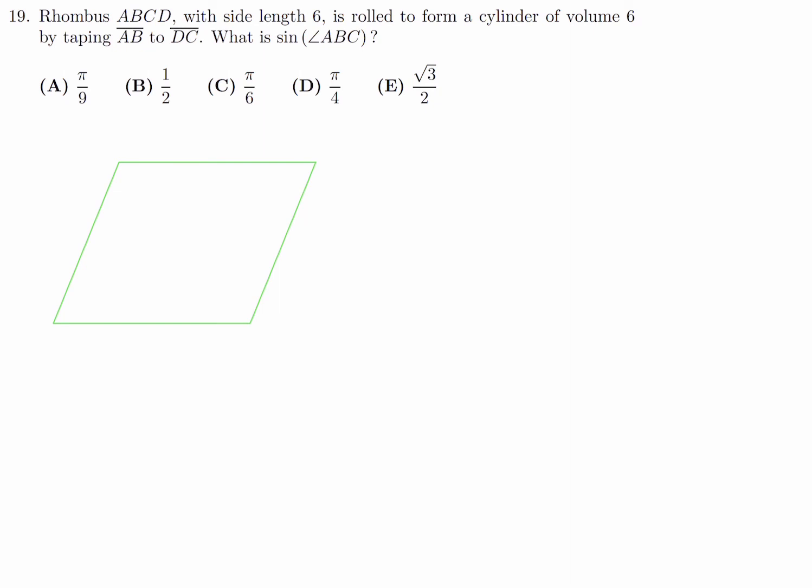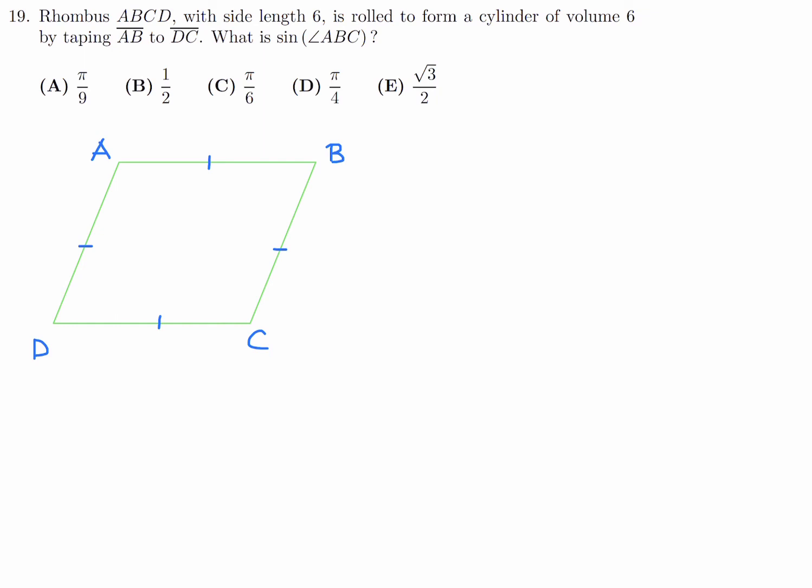So let's draw it out and I'll explain. Here's A and B and C and D. The rhombus has all sides the same, right? Not perfectly drawn to scale, but you get the idea. So we are taping AB to DC. I totally encourage you, if you need to, to get out a piece of paper, draw the shape, cut it out, tape it, and see how this works.